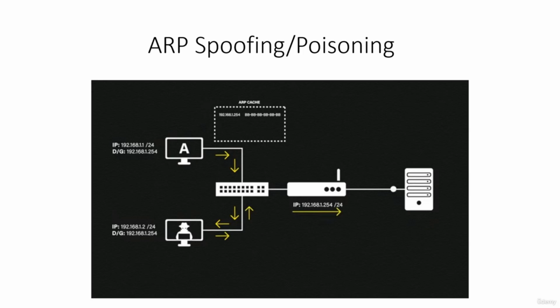So first, host P, which is an unethical hacker, launches an ARP poisoning attack. Then the hacker modifies the ARP cache of host A. Then it reroutes the traffic of host A to the attacker, as you can see in this picture.